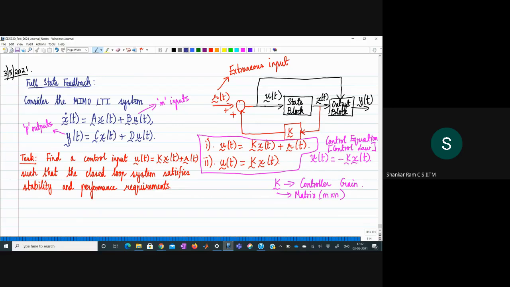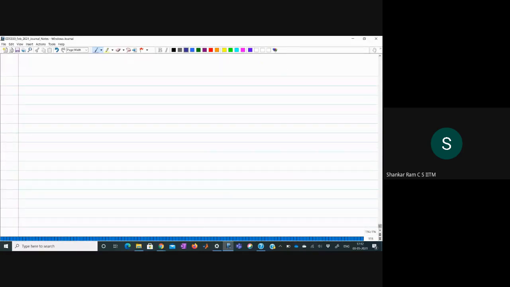Now, the dynamics of the closed loop system is governed by, how do we calculate the equation of the closed loop system?